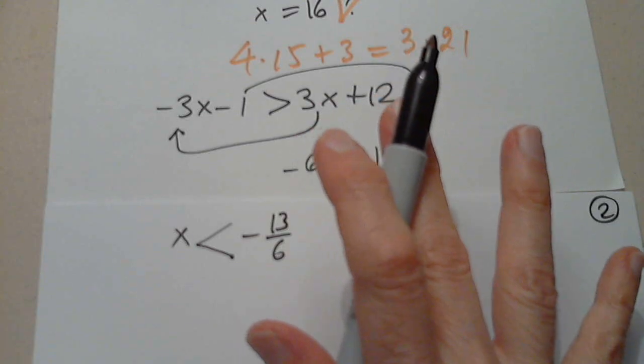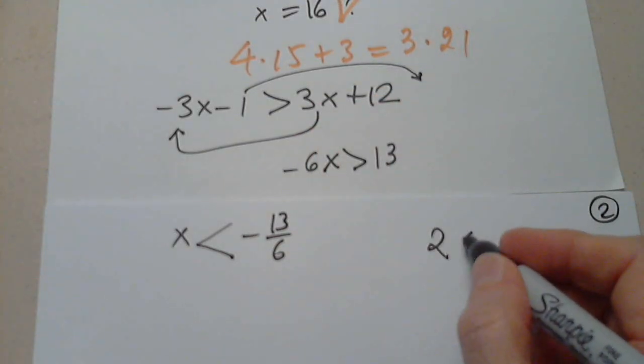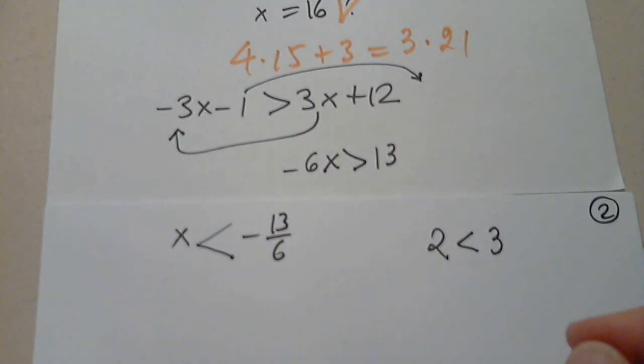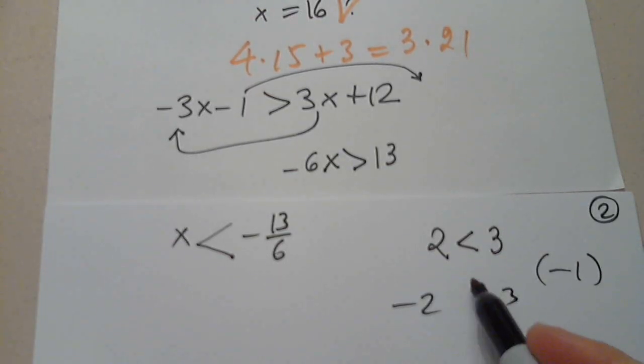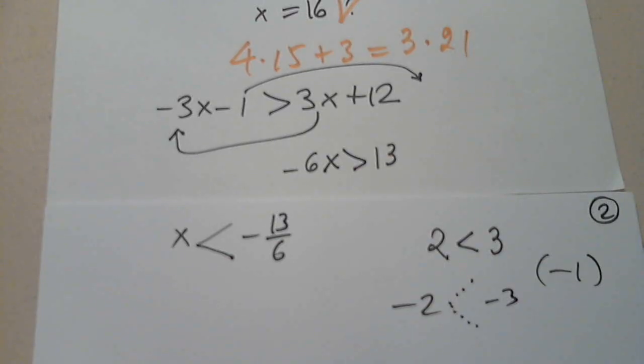Do you understand why? Let me explain why this happens. So let's say, is 2 less than 3? That is true. But if I multiply both sides by -1, I can no longer use this symbol because it's wrong. -2 is not smaller than -3. It's greater than -3.